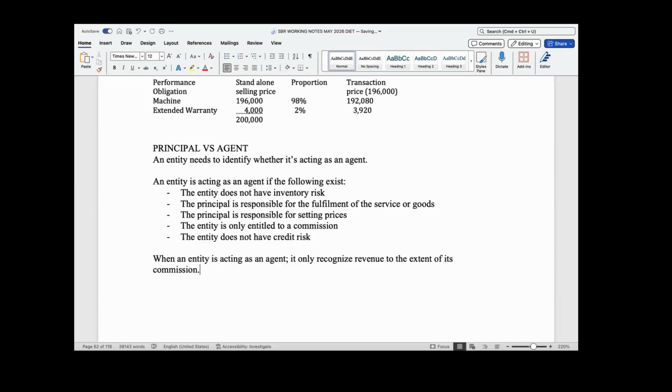Otherwise, it becomes a challenge. You'll be overstating your revenue, you might be overstating your profit as well, and you might even be paying VAT that you should not be paying. When the tax authorities see your revenue, they will say, "Ah, this is a big company," whereas you only get a small cut. So that needs to be clarified.